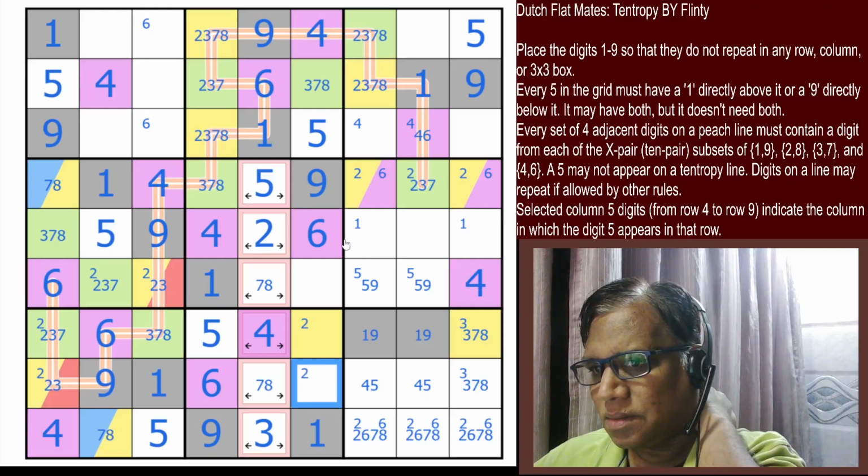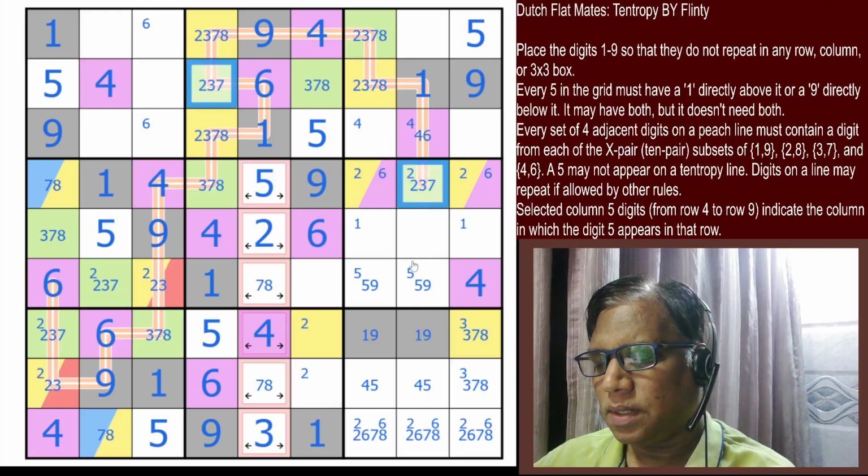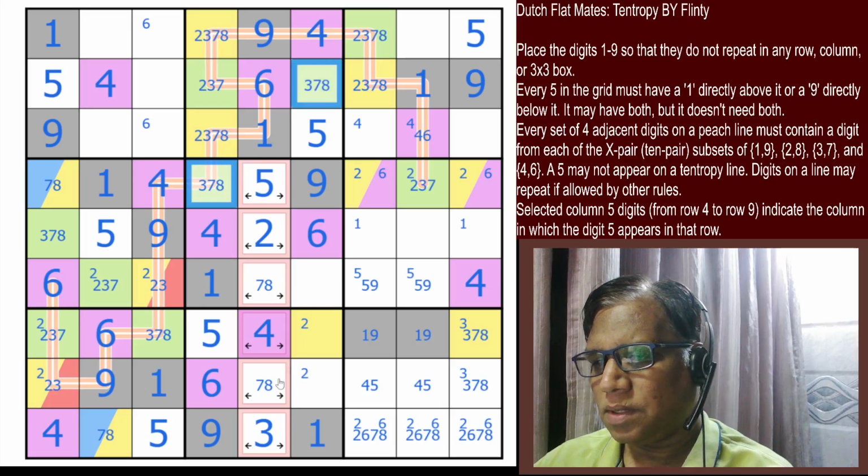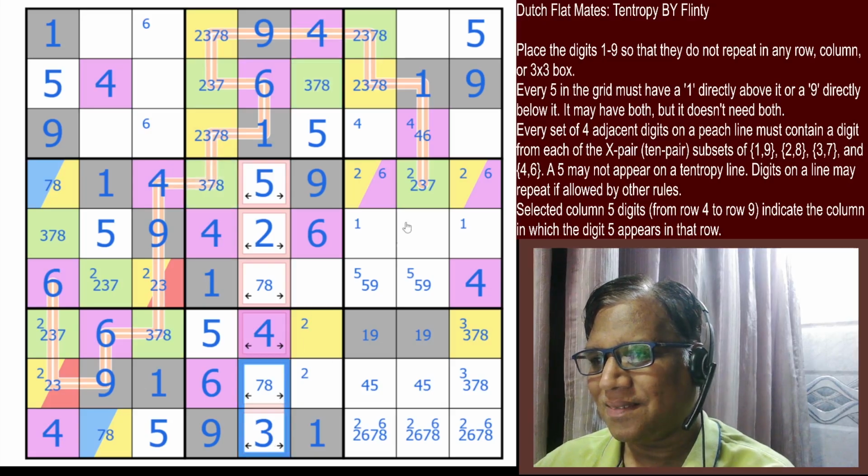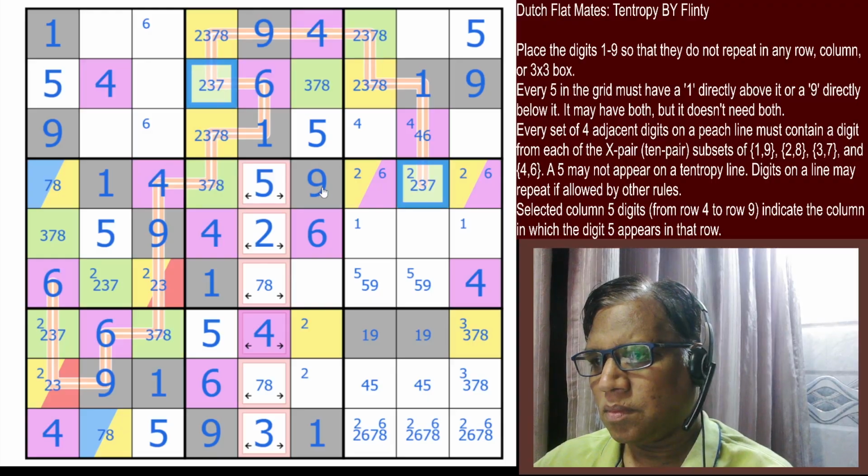I'm feeling that there must be some simple way to this. Those two are same, right? And these two are same. 378. So yeah, this is one of these 378.